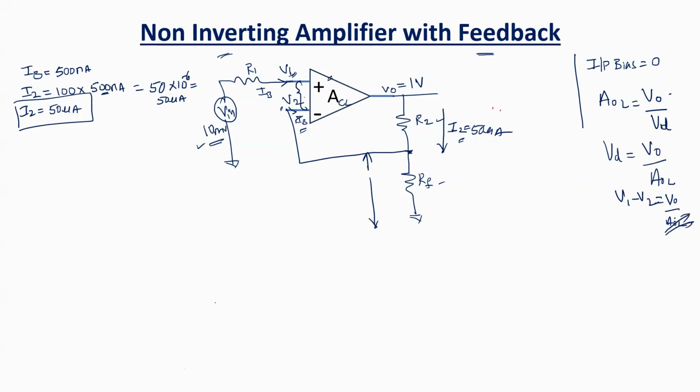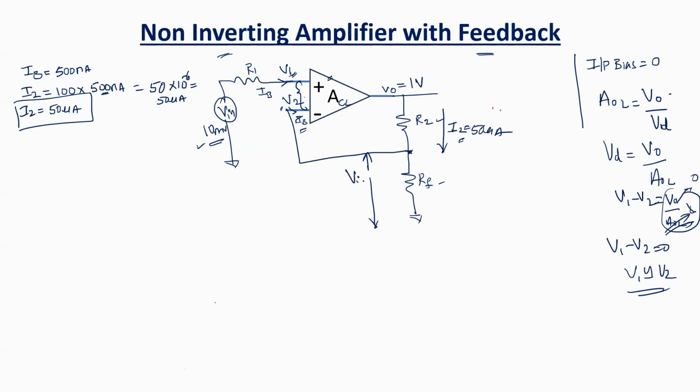If the gain is very, very high, it goes to infinity, then this particular portion will become 0, anything divided by infinity. So V1 minus V2 is equal to 0, or V1 is approximately equal to V2. That means as and when the gain is very high, the terminal voltage at the V1 appears at V2 itself, or the V1 and V2 both are equal.